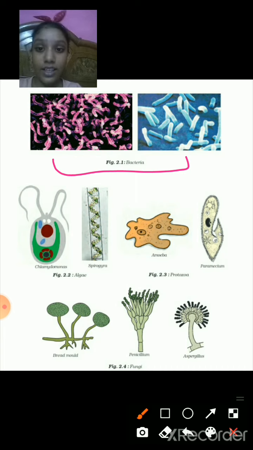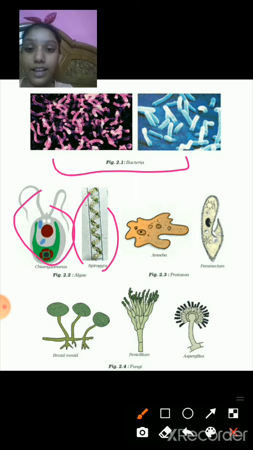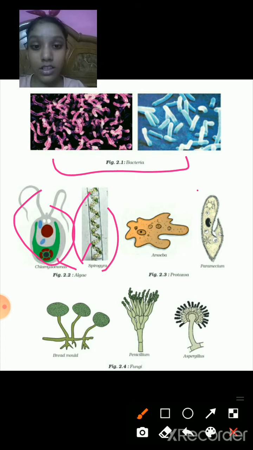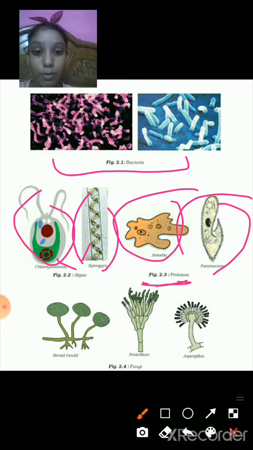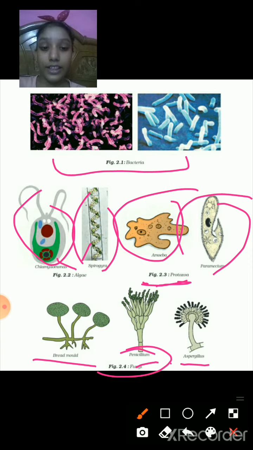The two types of algae are Chlamydomonas and Spirogyra. Then here are amoeba and paramecium, these two are the protozoa. Then penicillium, aspergillus and bread mold are the three types of fungi.